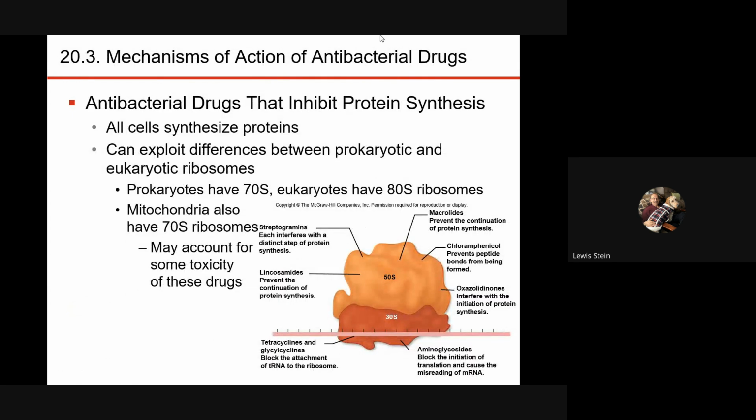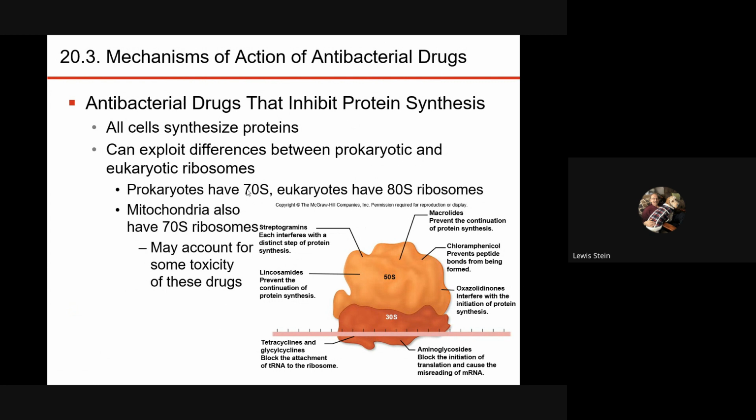That's the important part. The next big category is protein synthesis. Good news and bad news. They target the 70S ribosome. Well, that's great. That's what bacteria have. The bad news, that's in our mitochondria. Go back to A&P 1.